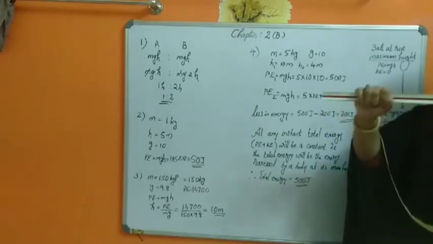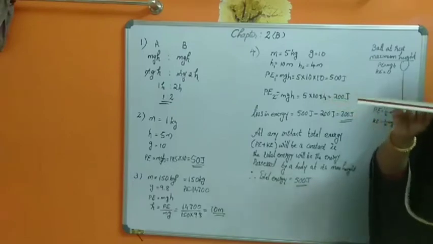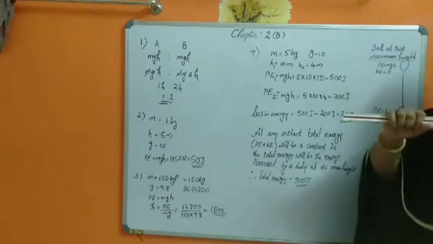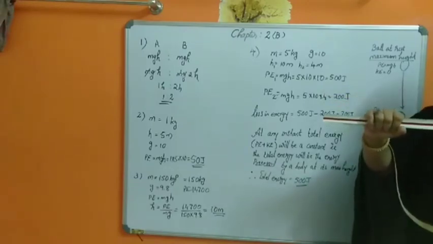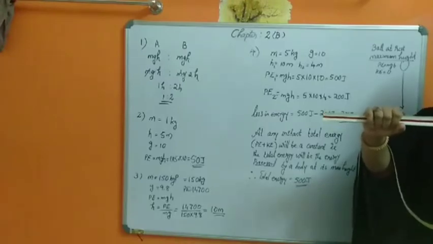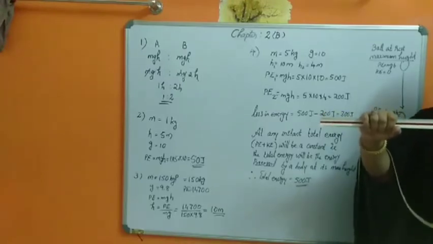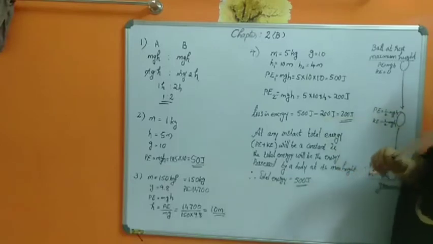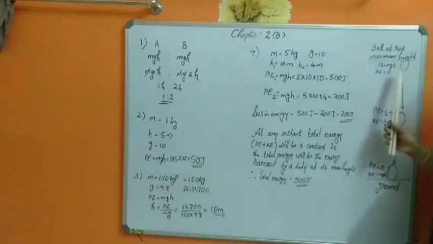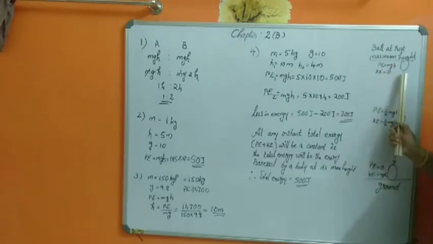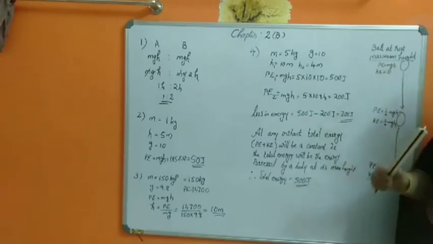So it has potential energy. Potential energy of the scale will be its mass into height into gravity. But still it is not moving, so we can say that kinetic energy is 0. So when the body is at maximum height, potential energy is mgh, kinetic energy is 0, because the body is at rest.